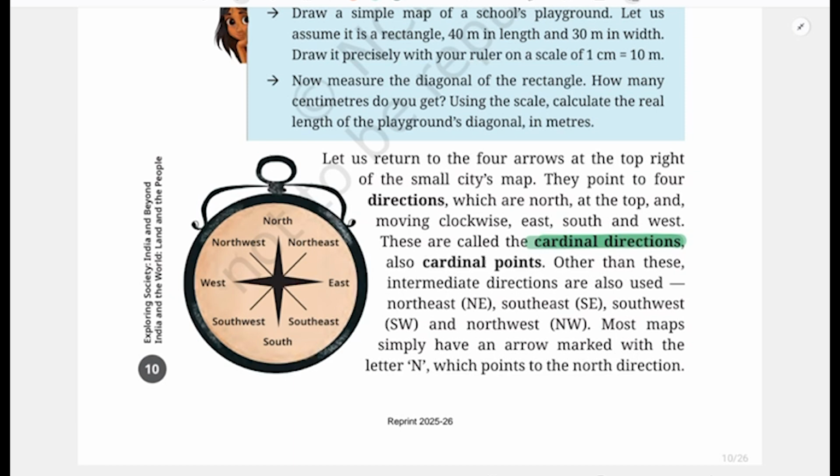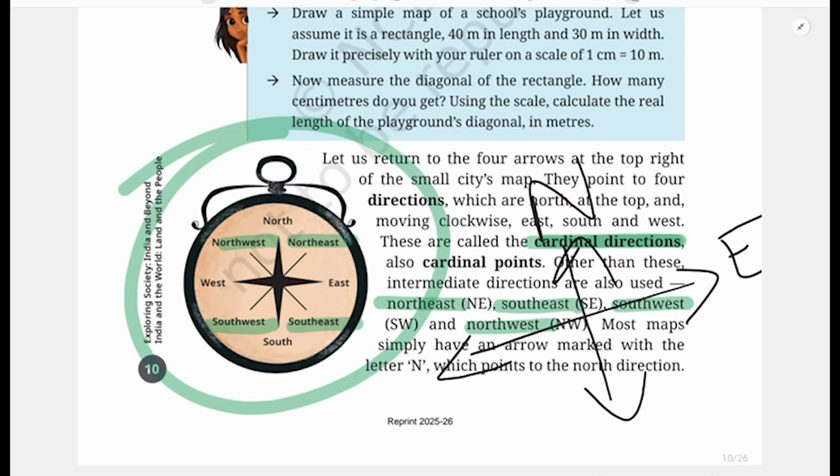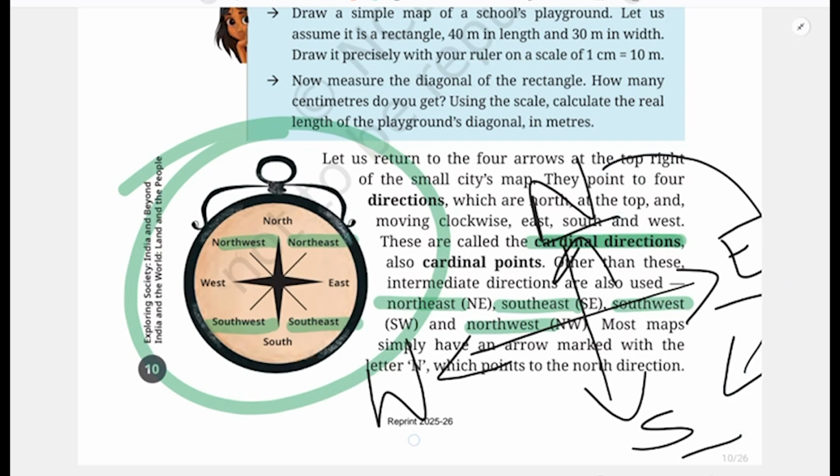Other than these, intermediate directions are also there, that is northeast, southeast, southwest and northwest. These can be represented in the graph which is provided. And then usually only an N can also be given, so that we can easily write the rest of the cardinal points on our own, like this, because in the clockwise direction we know the order to be north, east, south and west.